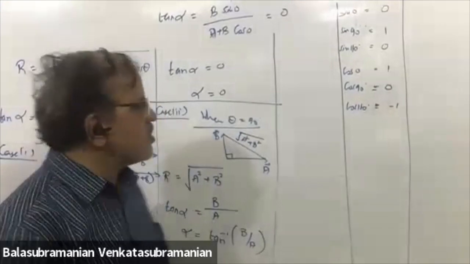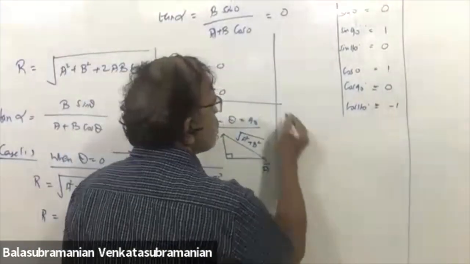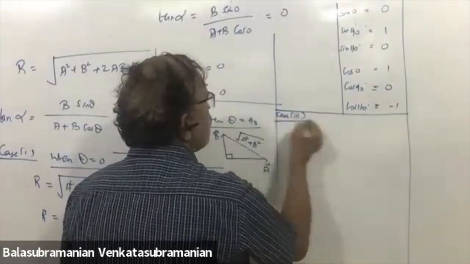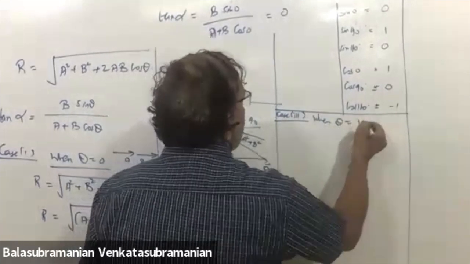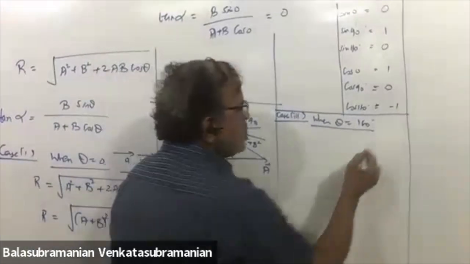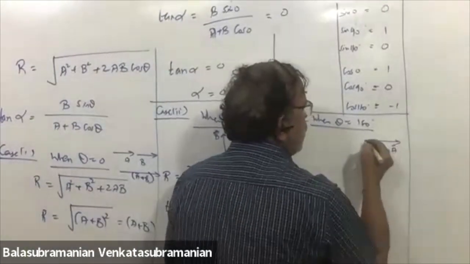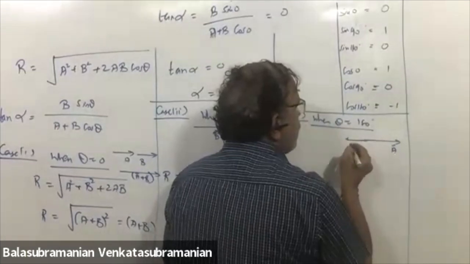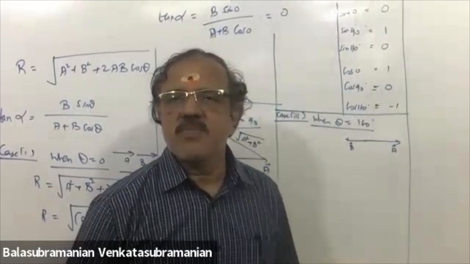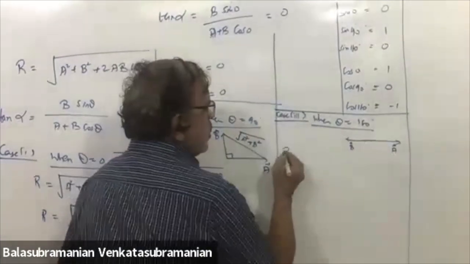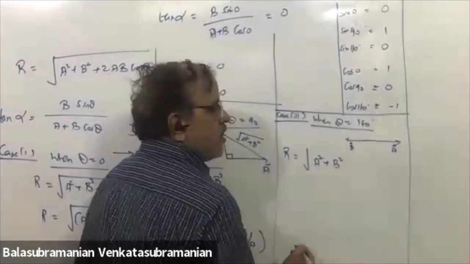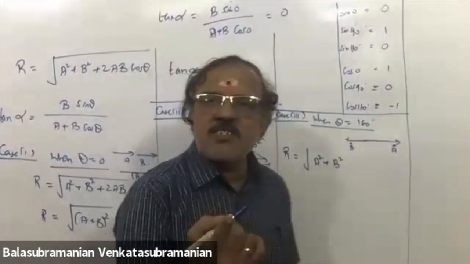And third case, when theta is equal to 180 degree, this is A, opposite direction is B. So R is equal to root of A square plus B square plus 2AB cos 180.